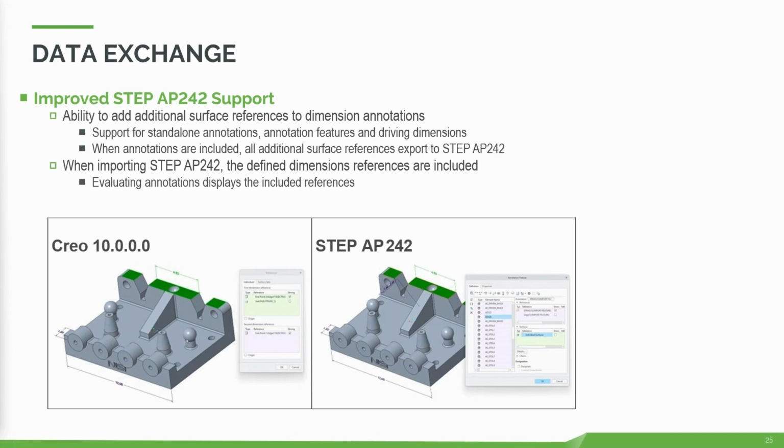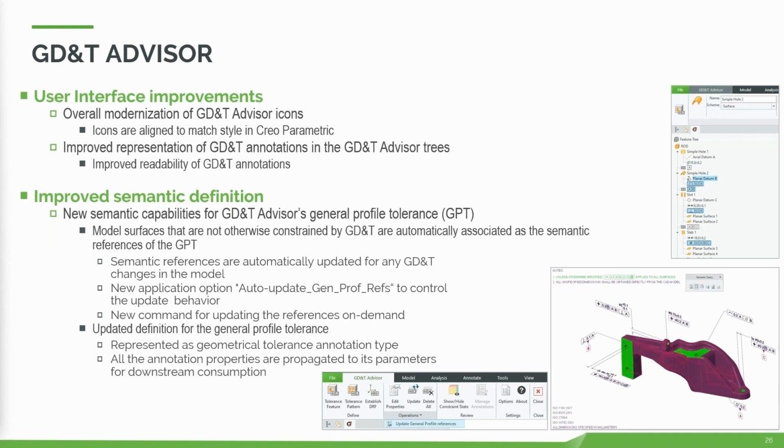So when you pick on the annotation, it will show you all of the geometry that the annotation is controlling or affecting. Again, that consistency between Creo and the STEP format, as you can see there in the screenshots.